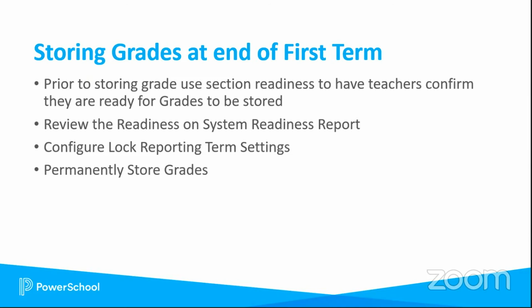I can't make any more changes to my grade book. Grades will be able to be stored. So you configure the locked reporting term settings within the district settings within Power Teacher Pro admin. That will let the teacher know when they need to be ready to store with their grades ready to be stored.